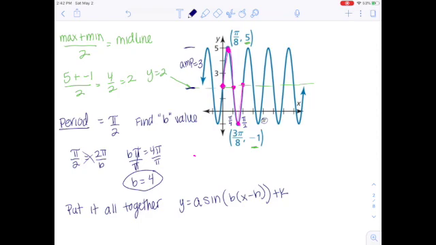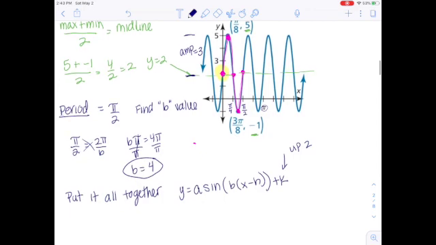Well, I have a k. I have a shift up of 2, right? So up 2 on our graph, but I don't have an h value because there's no phase shift. Our first critical value, let me get a highlighter so you can see what I'm talking about, that's the beginning of our sine function right there. So don't worry about any phase shift here.